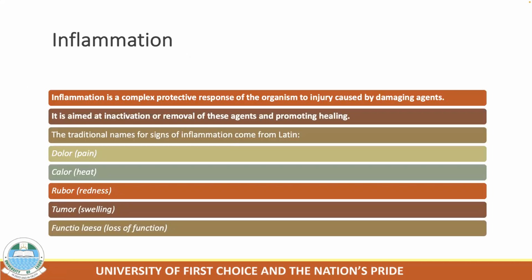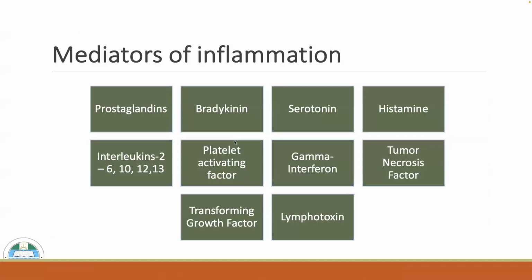Now, we've talked about inflammation. We've talked about its signs. We've talked about the mediators of inflammation. You remember, we said the main actors are prostaglandins. Their activities are promoted by bradykinin and histamine. And more so in the brain, serotonin also modulates the perception of pain.